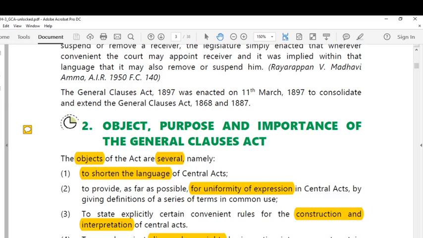So the first object will make the central enactments. Here central acts means the acts made by the Indian Parliament.